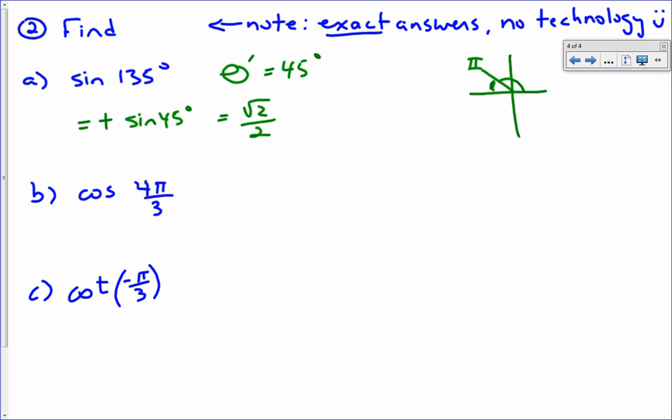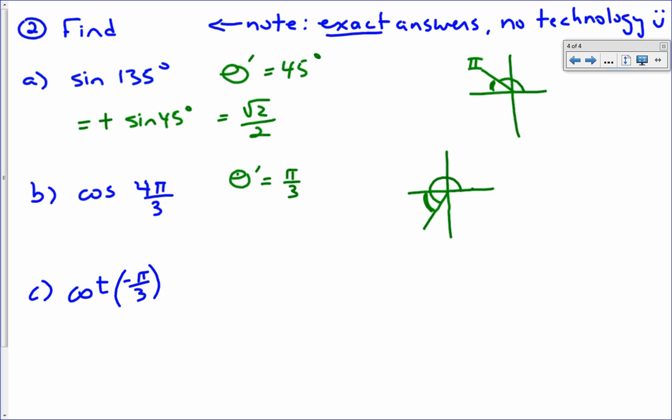So if we look now at the cosine of 4 pi over 3, let's make a quick sketch so we know exactly where that is. If we go around, there's 3 pi over 3, so 4 pi over 3 is that much further. Our theta prime is this angle here, which is going to be 1 pi over 3. So our theta prime is pi over 3.